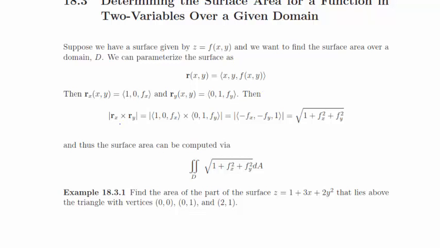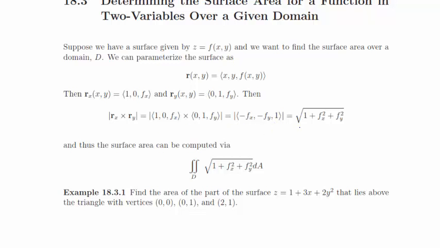Then we go ahead and take the magnitude of the cross product, so the magnitude of r sub x crossed with r sub y equals the magnitude of 1 comma 0 comma f sub x crossed with 0 comma 1 comma f sub y, which equals the magnitude of the vector negative f sub x comma negative f sub y comma 1. So that's what we get when we take the cross product there.